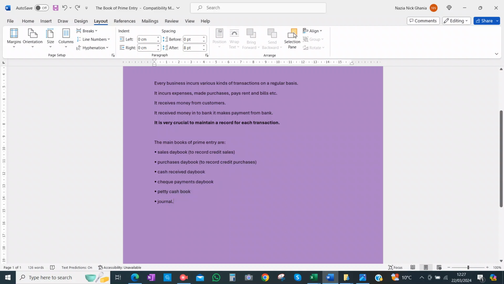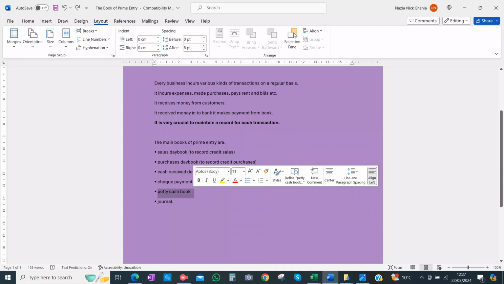Petty cash book. Petty cash book is also a kind of expense, but that petty cash expense has a separate petty cash balance. We withdraw money at the start of every month to manage the day-to-day expenses for your business running. You cannot rely on the 30th that the manager or the director will come and pay us the amount for a bill or for rent.